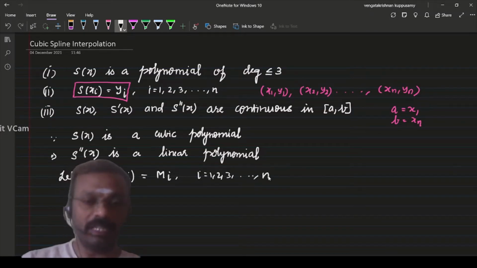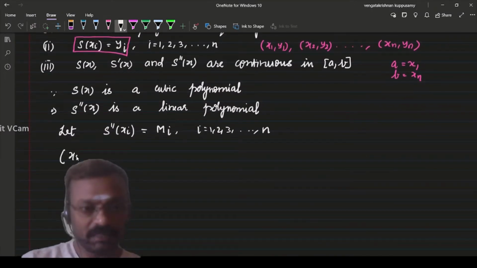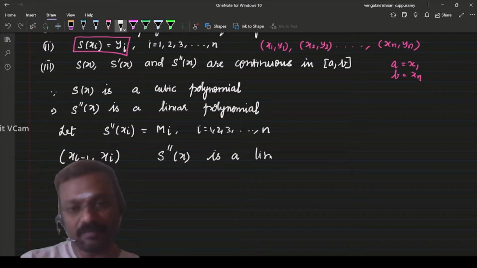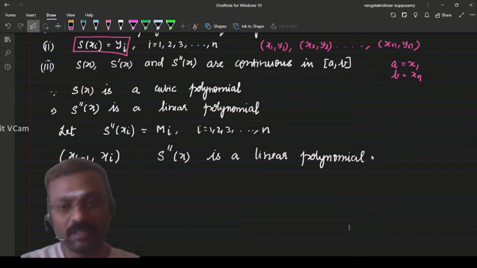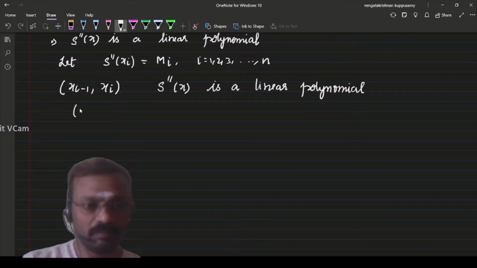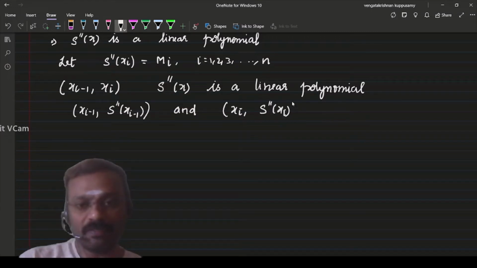up to n. So now, in each of the subintervals xi minus 1 comma xi, S double dash of x is a linear polynomial, which is going to be the straight line equation joining the points xi minus 1 comma S double dash of xi minus 1 and xi comma S double dash of xi.